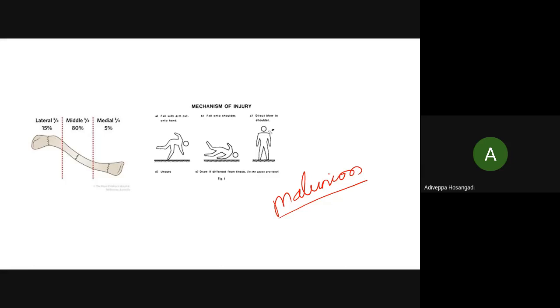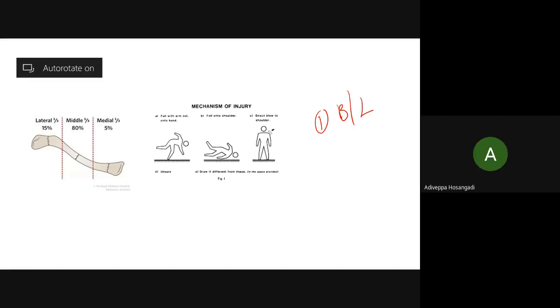But there are certain indications for fracture clavicle to be treated operatively. One is a lateral one third fracture. Another is a bilateral clavicle fracture.